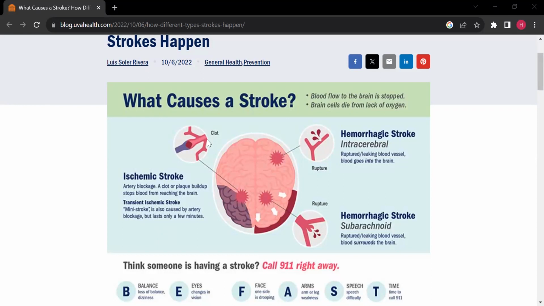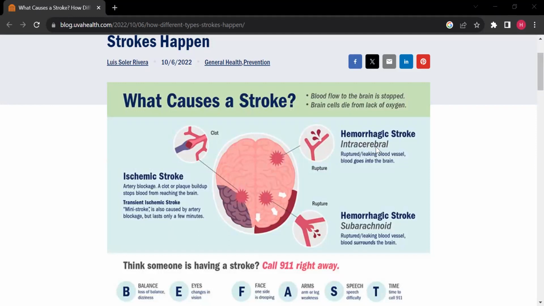In stroke, it happens in the brain, or in the carotid artery. So in ischemic stroke, there is artery blockage because of that plaque buildup, so it restricts the blood flow to a certain part of the brain.